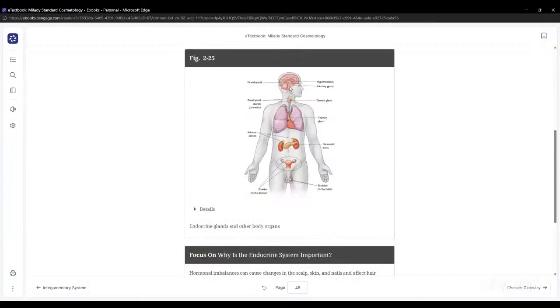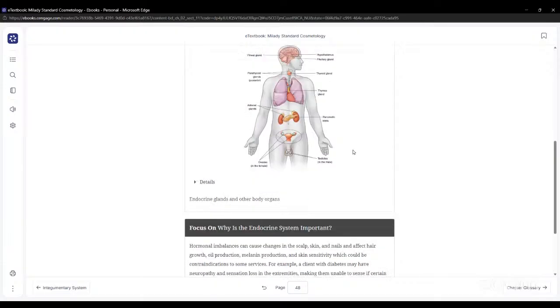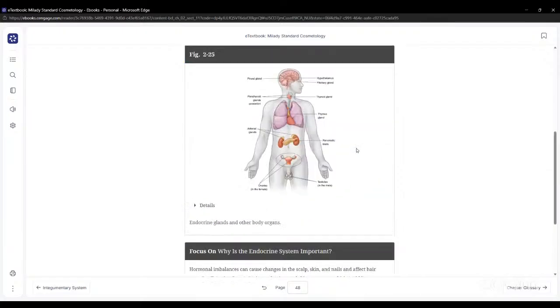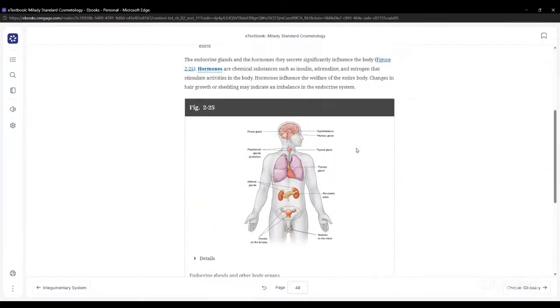Everything is connected: your ovaries, reproductive organs, adrenal glands. We want those highly stimulated as well. We'll talk more about the endocrine glands because it's simply hormones.